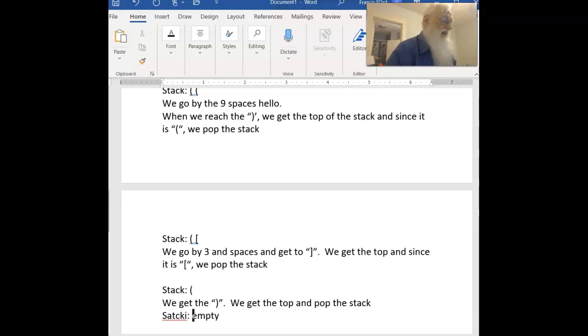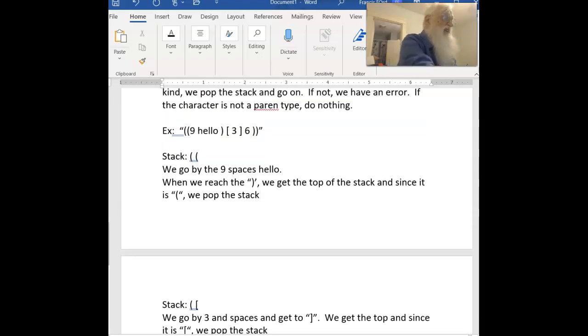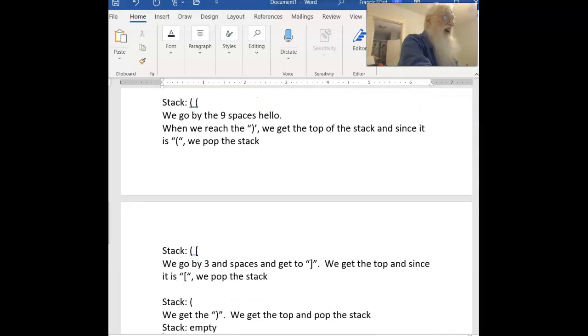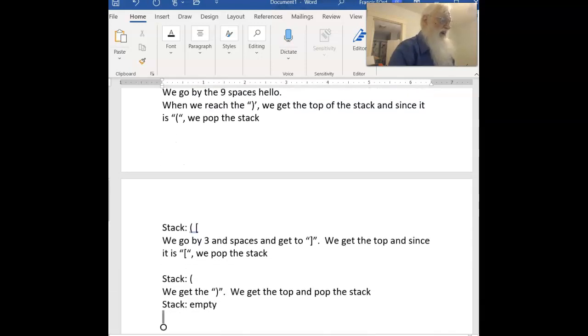Everything's fine until, of course, we read the last parentheses there. When we get the last paren, there is no top, so we have an error.